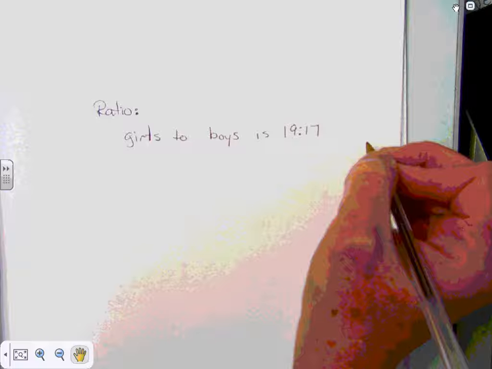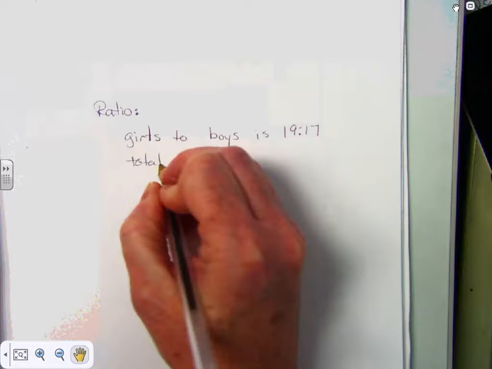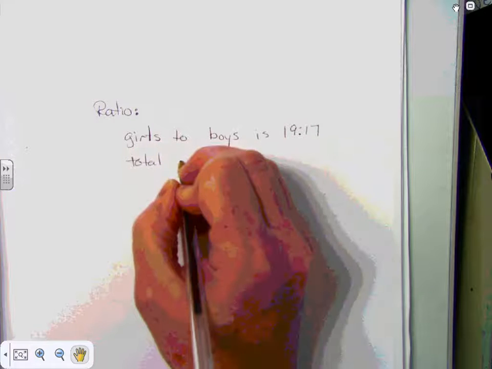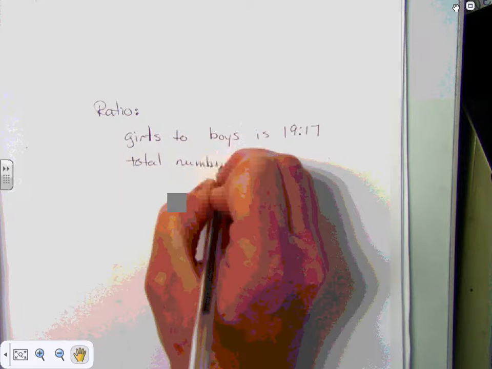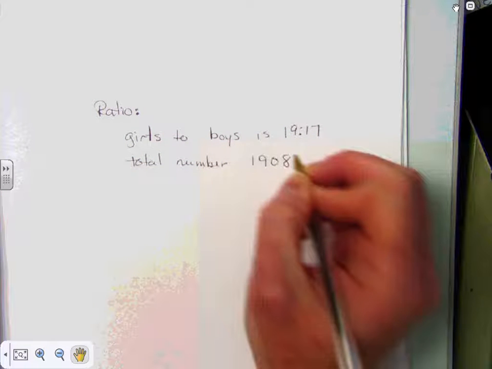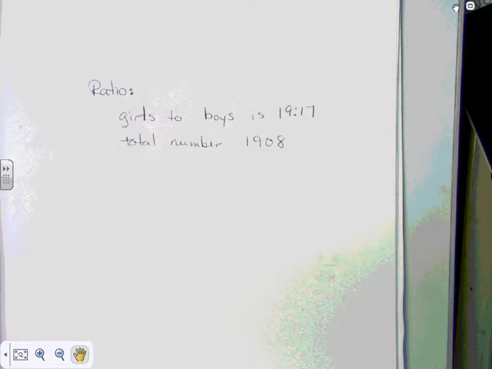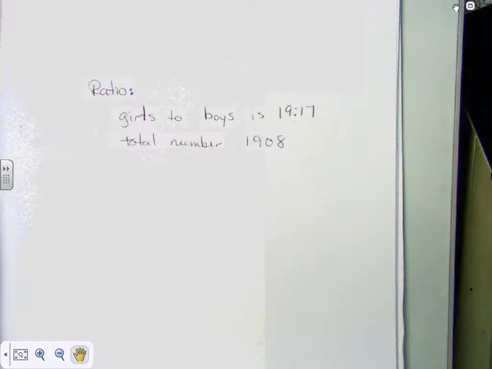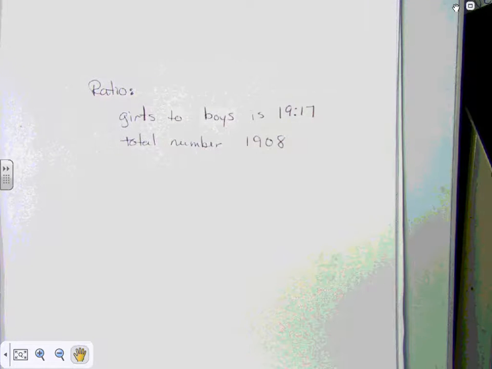And the total number of students in the building is 1908. So that's what the notes are basically saying to us. Now I'm supposed to find the total number of girls and the total number of boys, if this is the situation.